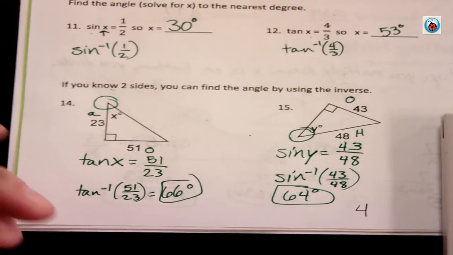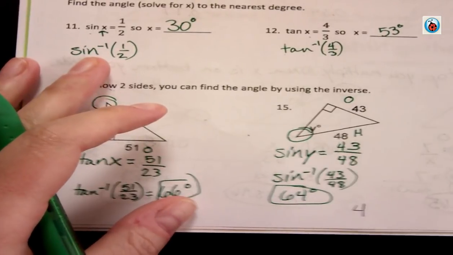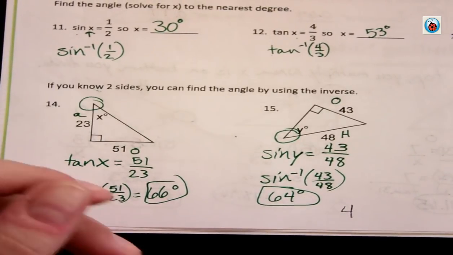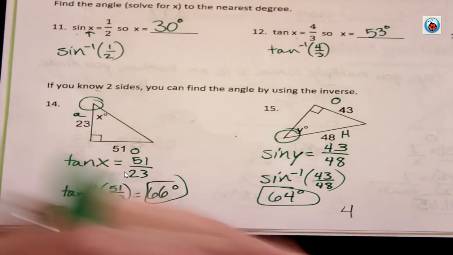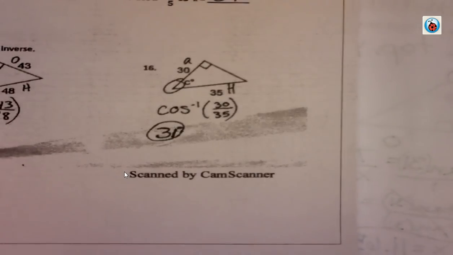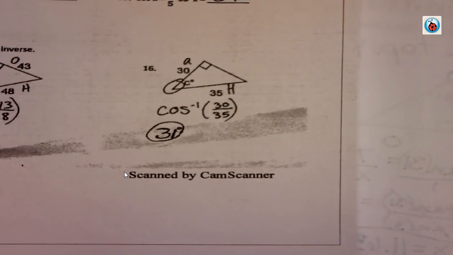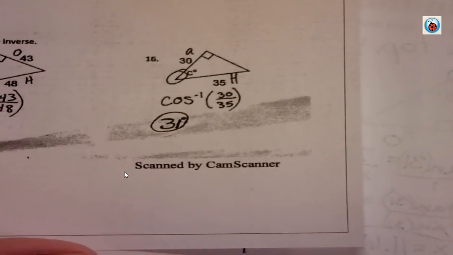Okay, go ahead and try the last one. And then pause your video, and I'll show you the answer. Alright, the answer to the last one, number 16, is 31 degrees. It's the cosine inverse of 30 over 35. Alright, now you can complete page 13 in your packet.